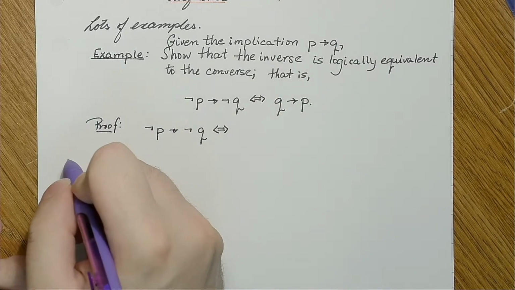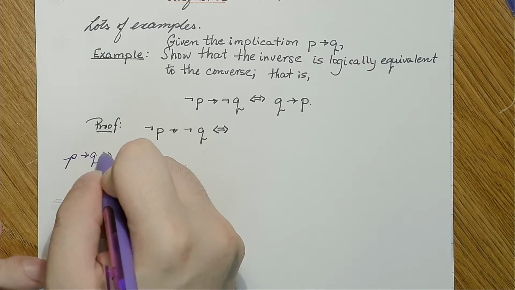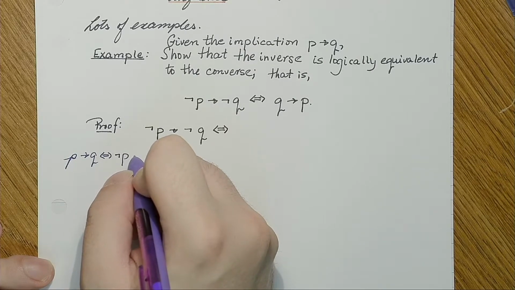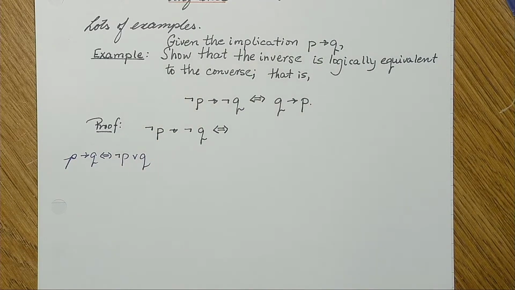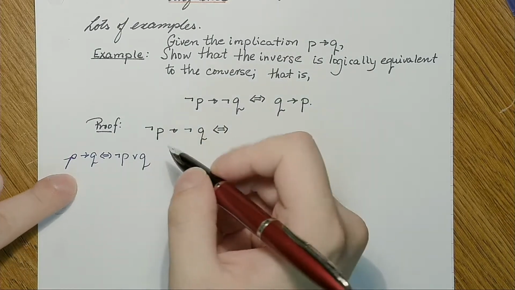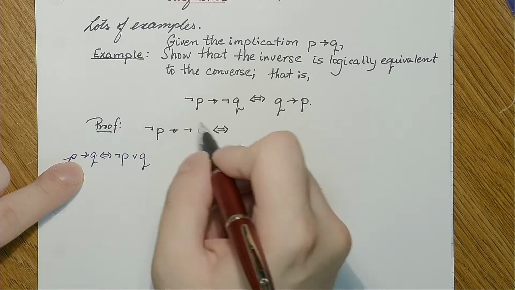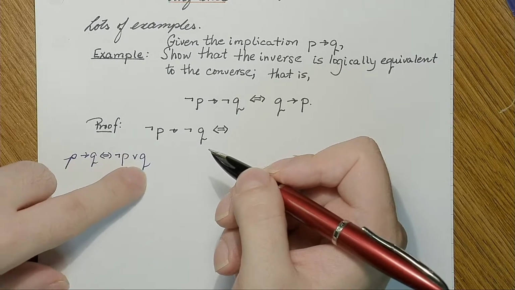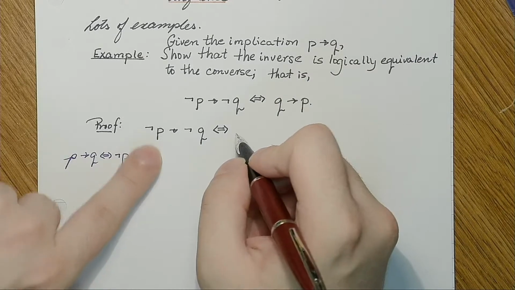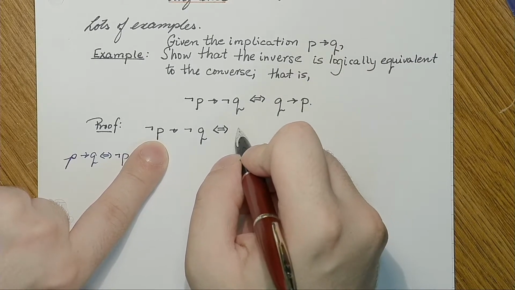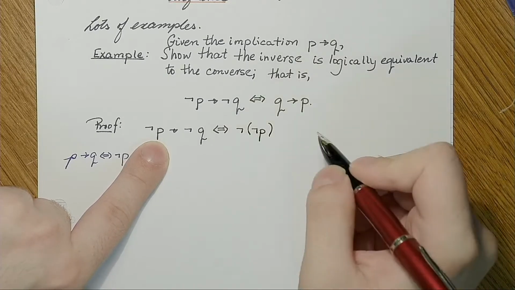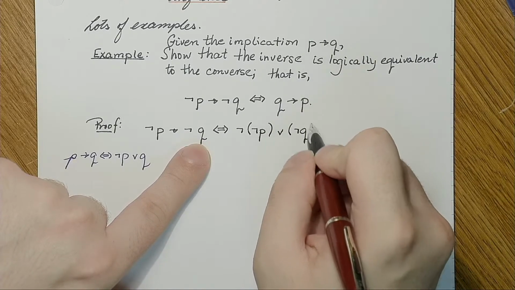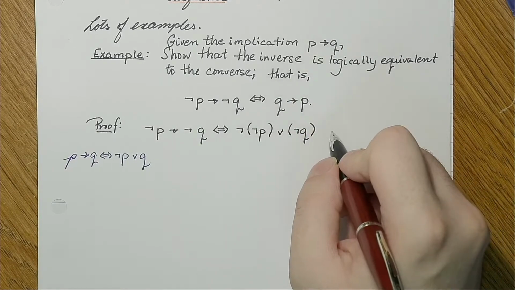The implication rule is that P implies Q is equivalent to not P or Q. So the first proposition implying the second is logically equivalent to not the first, or the second. So that's the implication rule.